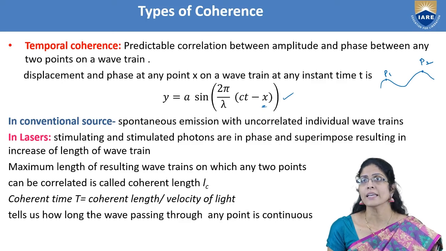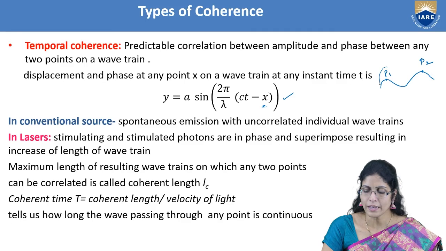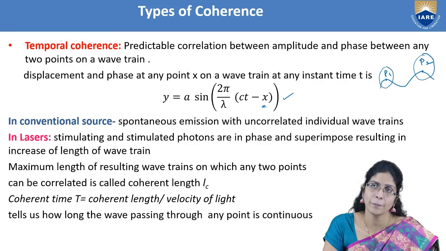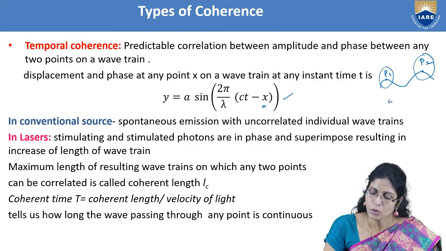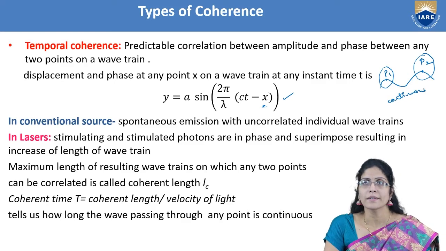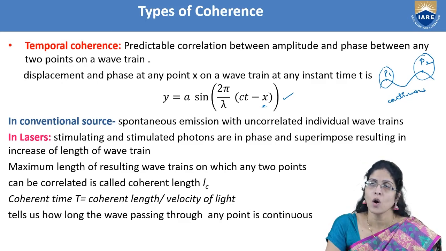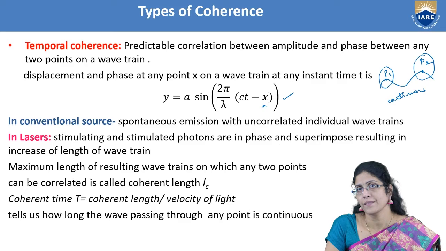If you take one particular point and are able to specify y, this should be the same for another point on the same wave, and then you call this wave continuous. That means if you can see the amplitude and phase at P1, it should be the same at P2, or you should be able to recognize it at P2. Only then is this wave train said to be a continuous wave.